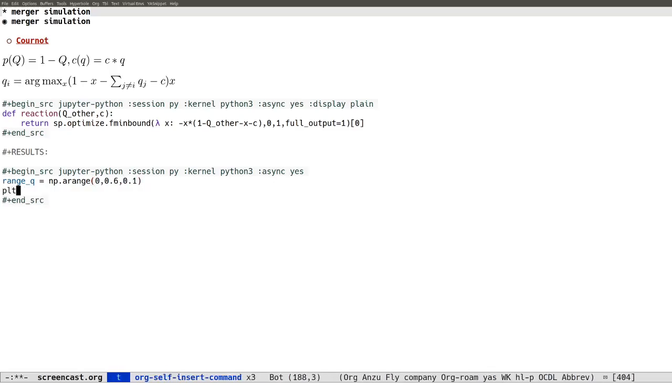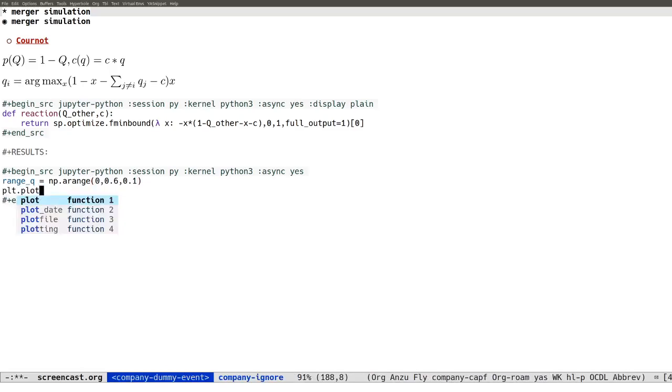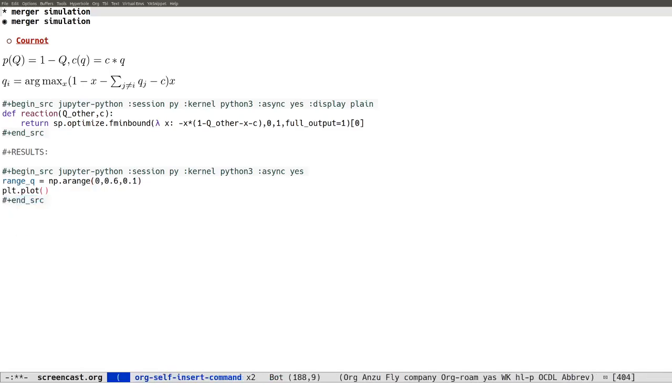And then we're going to plot range Q, and then the reaction function, so that's going to be reaction of Q, and we're going to assume that the cost level of the firm is 0, for Q in range Q, so we're using list comprehension here.